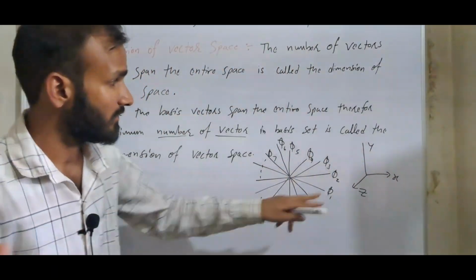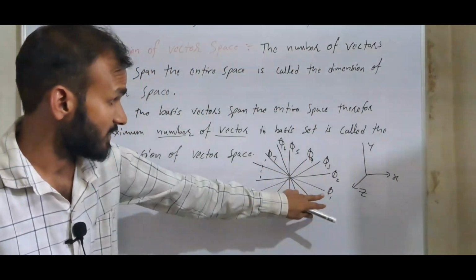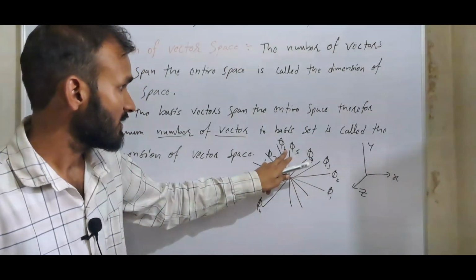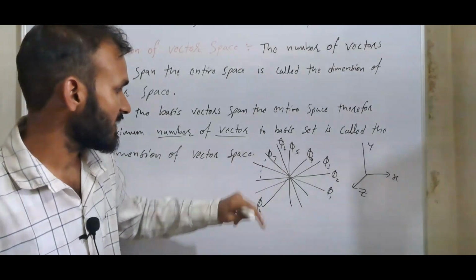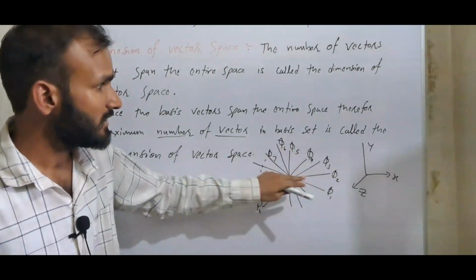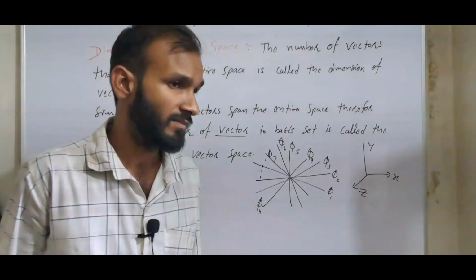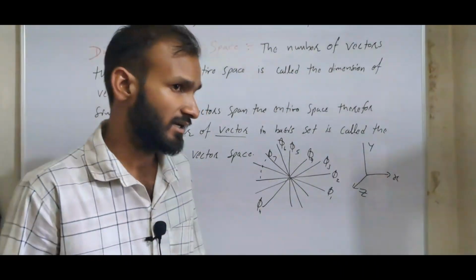You can think of all these vectors written here from phi 1, phi 2, phi 3, phi 4, phi 6, and phi 7 and phi n. All these vectors are orthogonal to each other, which means to say they are perpendicular to each other in some manner.